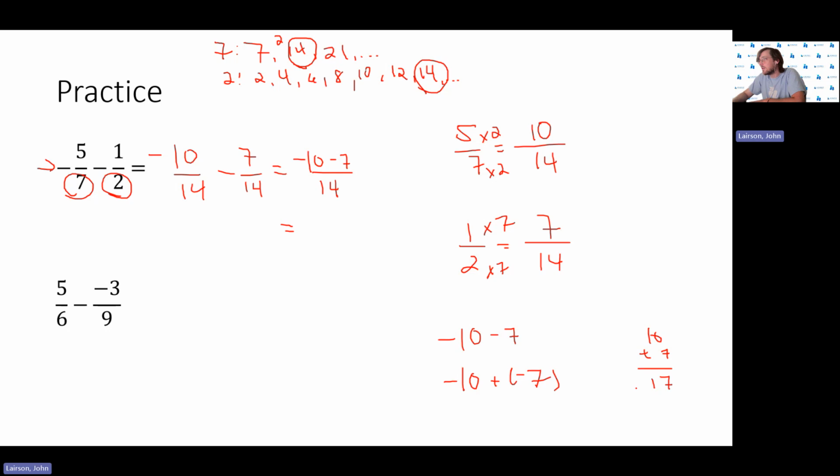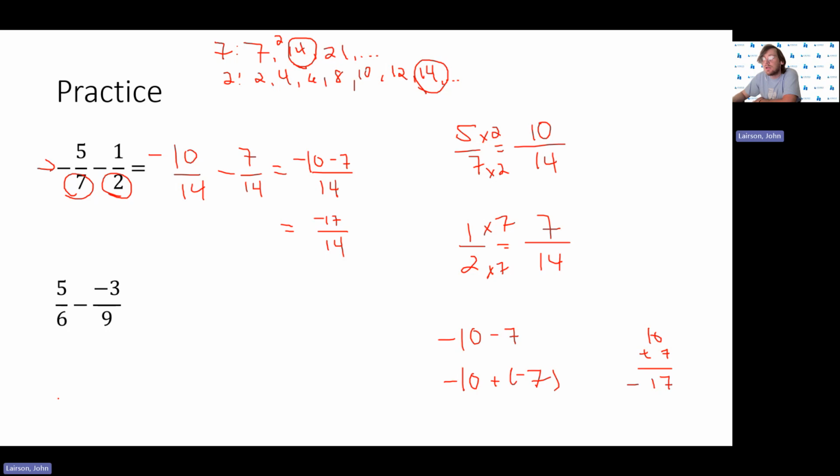And because they were both negative, it's going to be a negative 17. So negative 17 over 14. And again, we should double check that everything is reduced. This is reduced all the way. I'll tell you, it is reduced all the way.